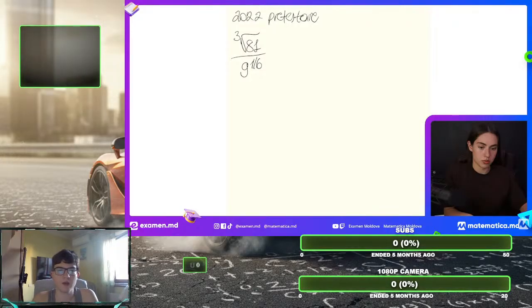Okay, so 81 is just 9 to the power of 2, but you see there are 3 right there. So you want something that is to the power of 3 so you can work with that. So 4 to the power of 3 is actually 81, right? Because it's 4 times 4, or actually no, is it not? 4 to the power of 3.